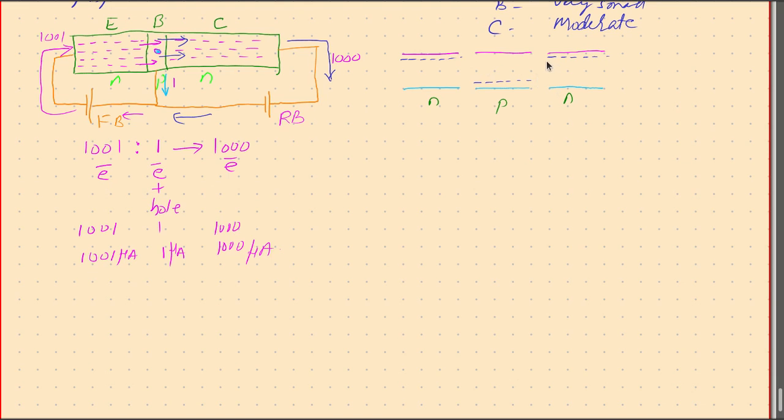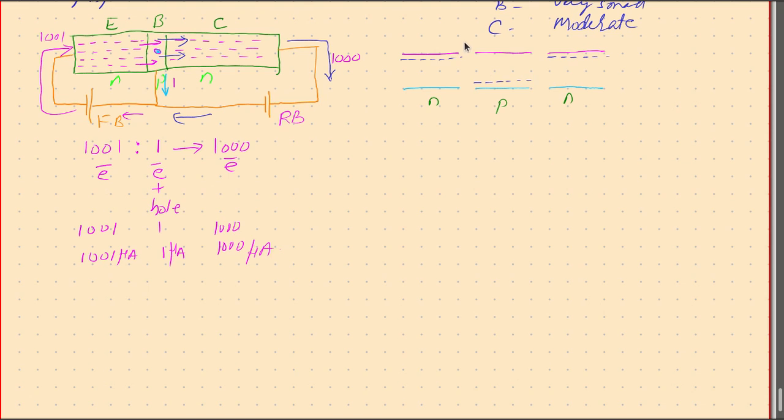So if we want to continue our discussion, instead of talking with two lines and Fermi levels and all that, let me just try to use only the lower end of the conduction band for our purpose. So what happens when these three layers are fused together?